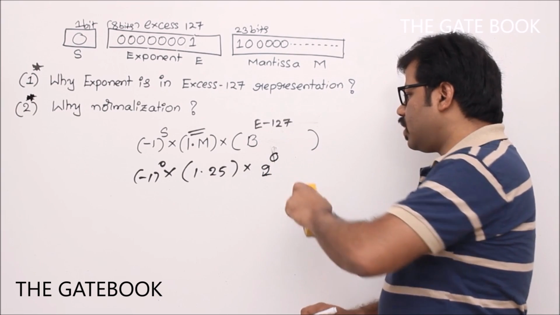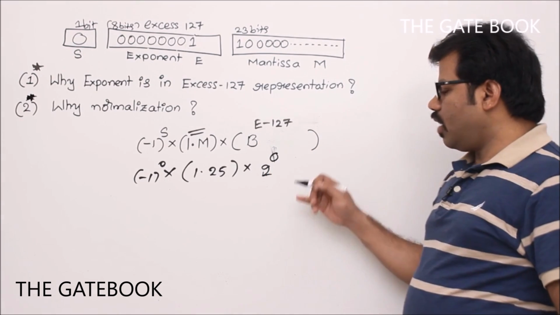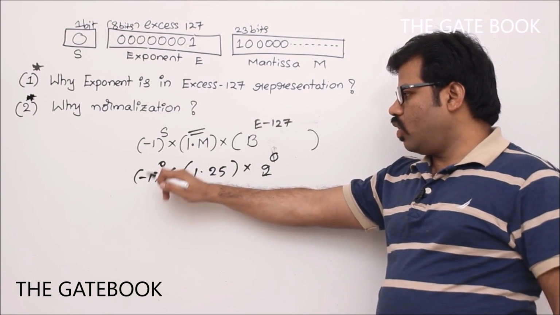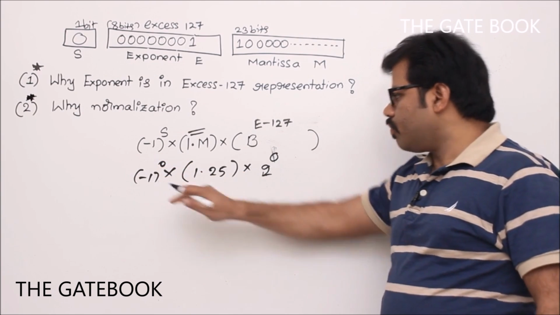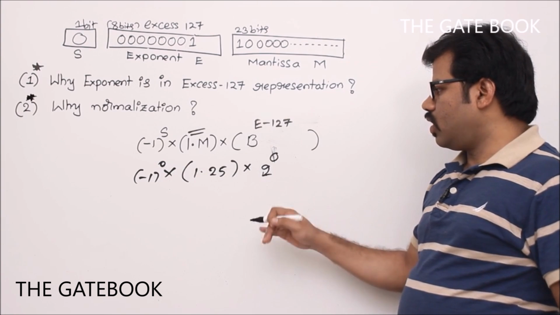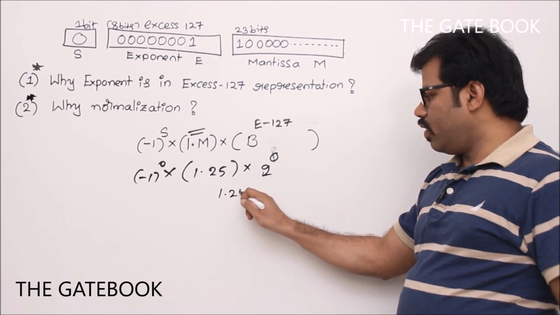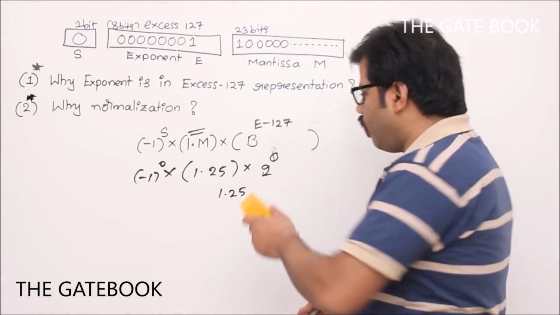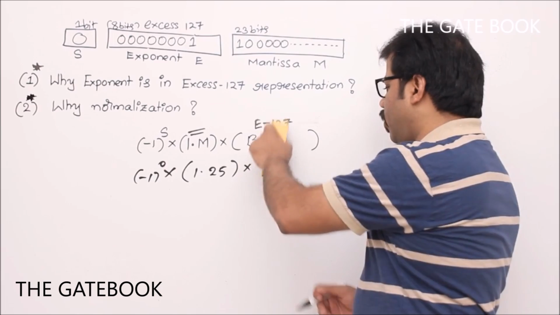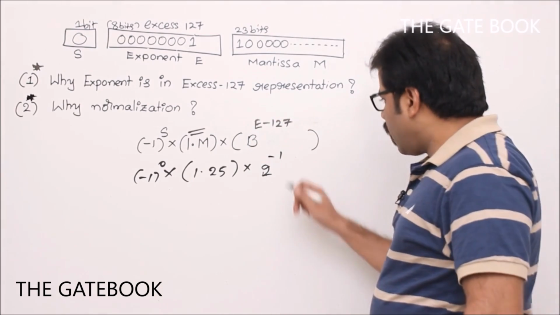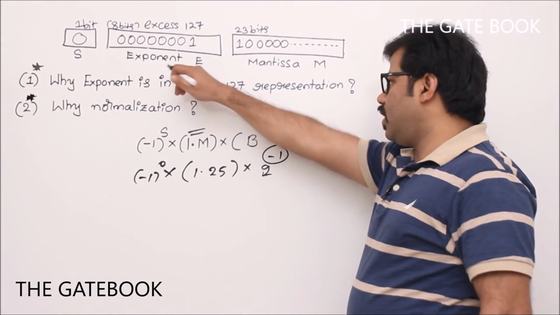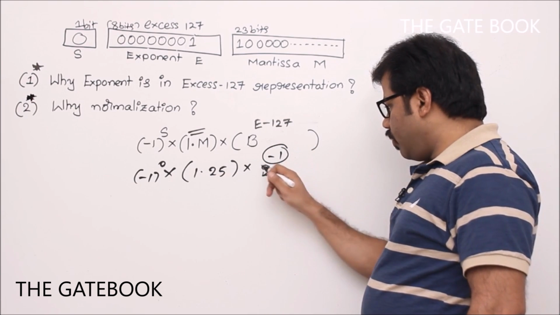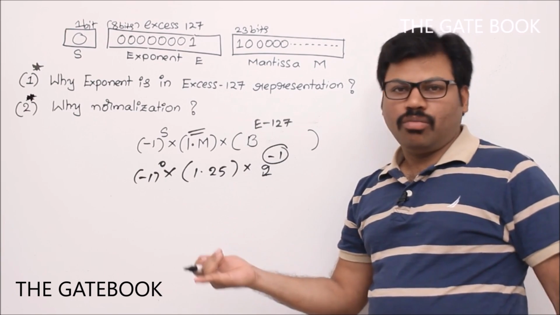If you are only representing unsigned numbers, then what is the smallest number you can represent in the positives? Minus 1 whole power 0, that means positive, into 1.25 into 2 power 0, that means after all 1.25. I want to represent further small, okay? For that I can use here 2 to the power of minus 1, try to understand. If somehow exponent is representing minus 1, then this will become 1.25 into 2 power minus 1, which is 1.25 by 2, 0.625.